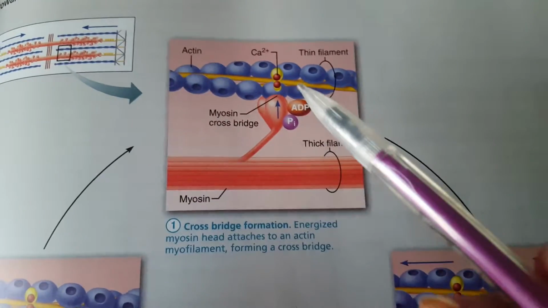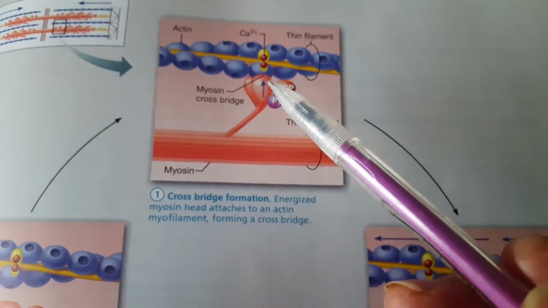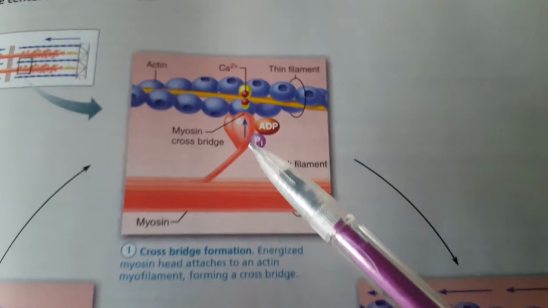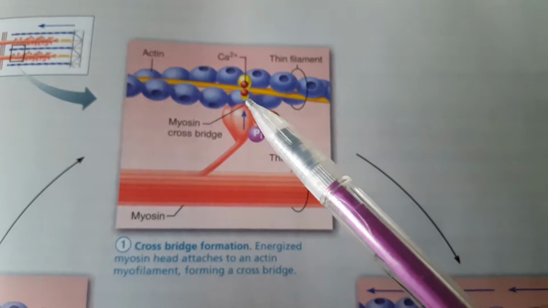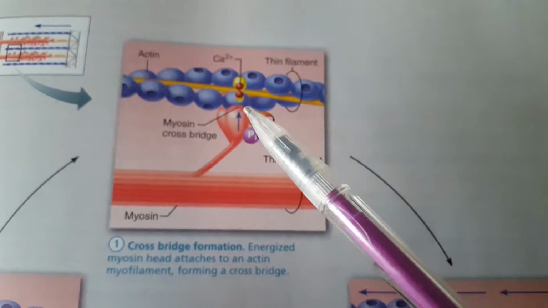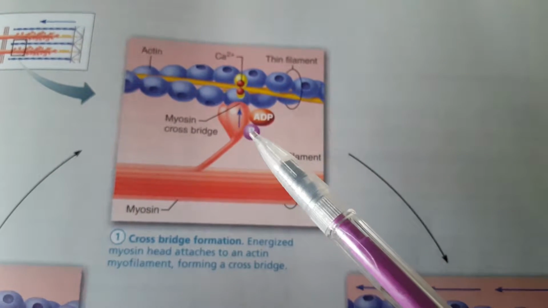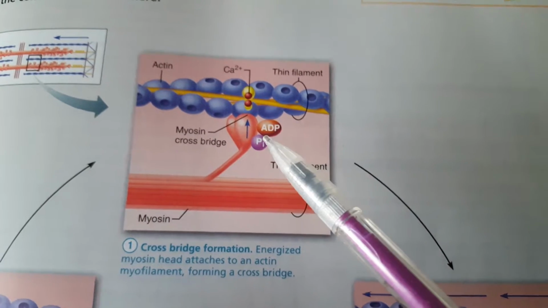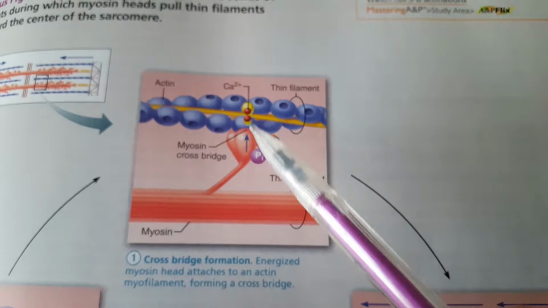And again, once that troponin pulls tropomyosin out of the way, now we can have actin and myosin interact by forming a cross bridge. Now, when these two bind together, that bond causes a change in this portion of the myosin protein, releasing phosphate. So phosphate gets released first. That causes an even stronger bond between these two.